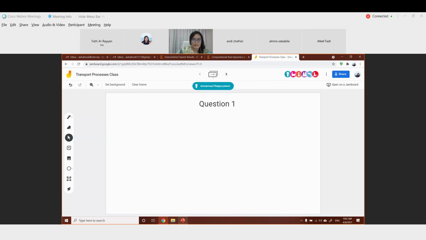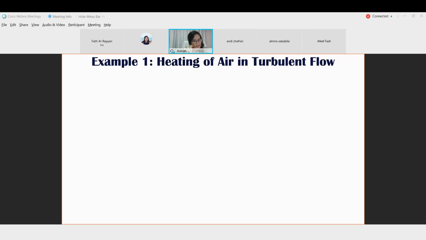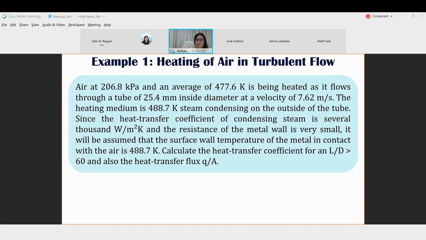Okay, write it down, please. I'll keep this slide open here. So let's take about 5 minutes to maybe write down the important parameters. You can just write the numbers, or you can write the symbol, for example T1 or CP. And then once everyone is done, we can start solving the question.